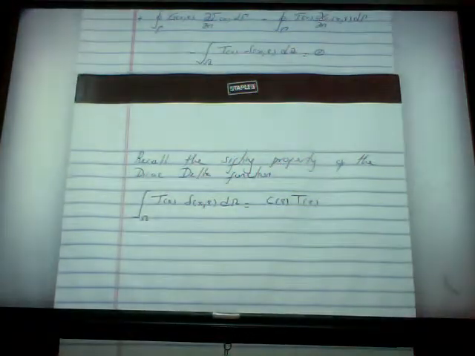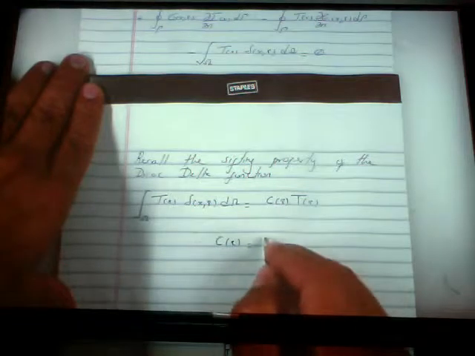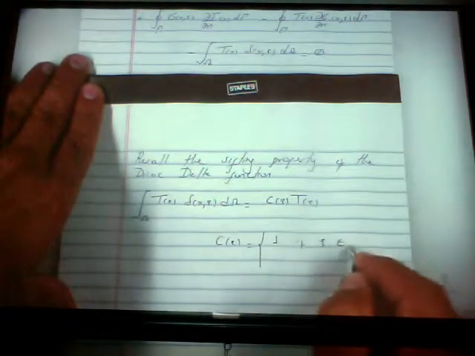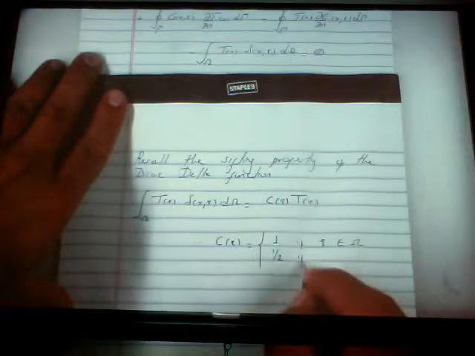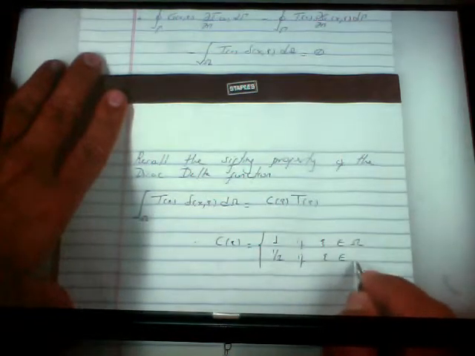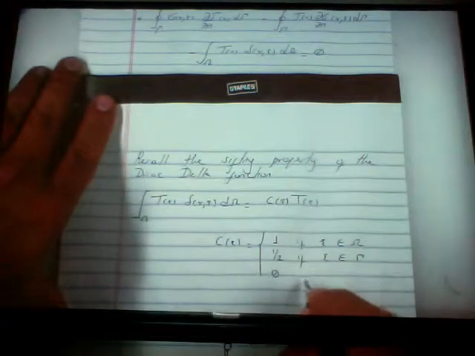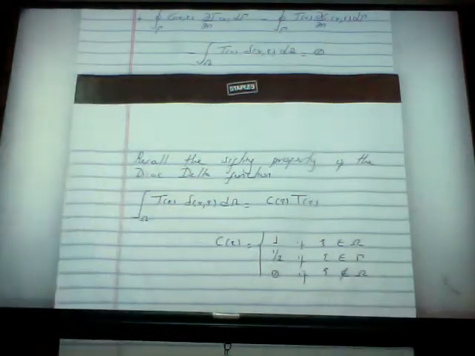And that c is just some parameter that depends on where the source point xi is, such that c of xi is equal to 1 if xi is within omega, is 1/2 if xi is somewhere on the boundary, and is 0 if xi is outside of the domain omega.